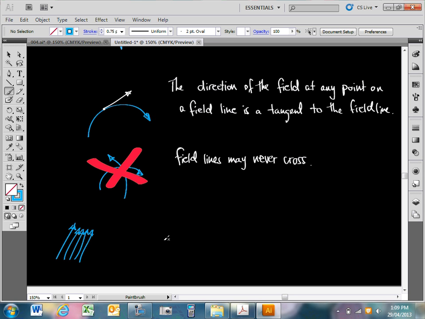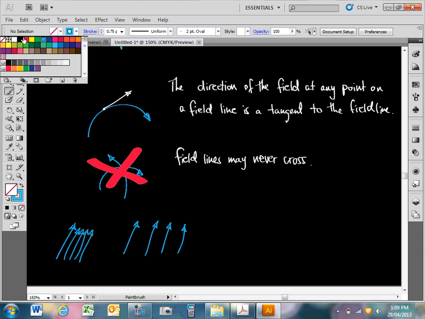There's an electric field. Here's another electric field. Which one is stronger? Yes.